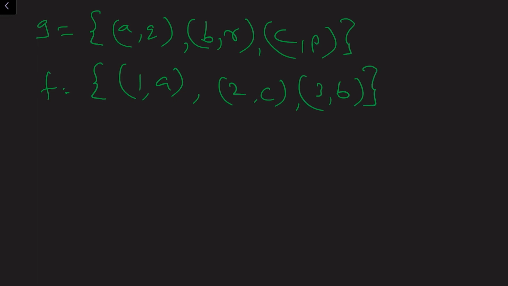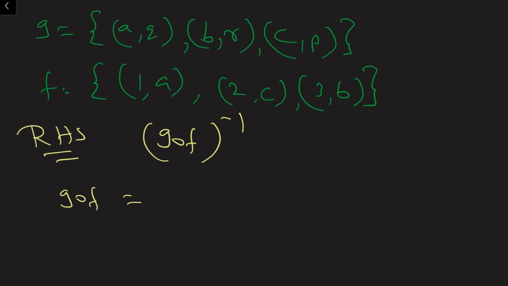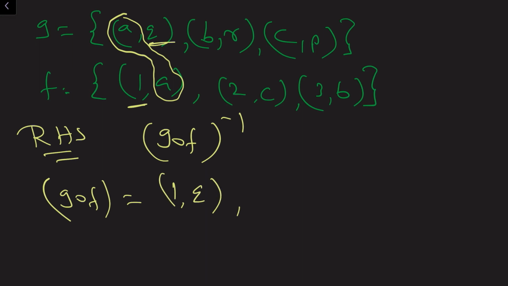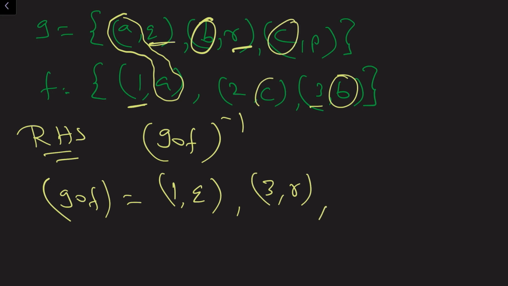Now let us solve the RHS, which is g of f whole inverse. First we need to find g of f. In g and f, a is there in both, so if we remove that a, we have 1 as the first and q as the second, so (1, q). Here b is there in both, so removing those b's we have r and 3, so (3, r). Here c is there in both, and removing those we get (2, p).